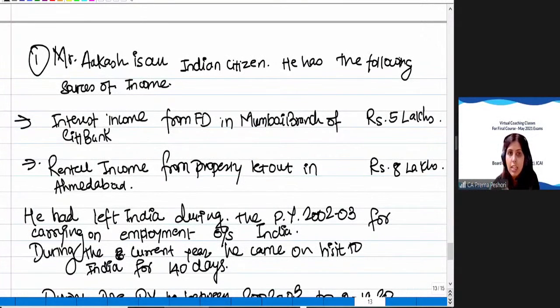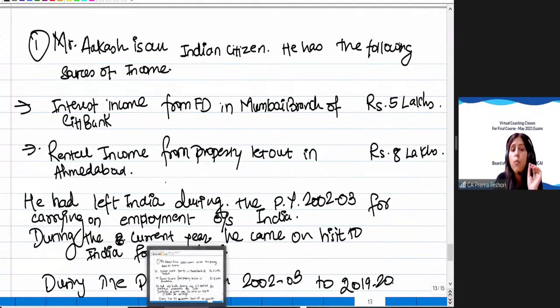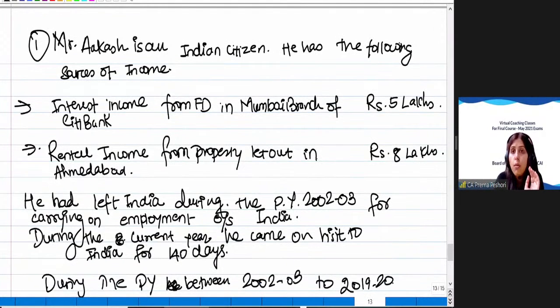And clearly, if you see, how many days are there? 140 days are given. Because of that, we need not even check the total income criteria, or what the number of days of stay was in the previous years. What is relevant here is that he has been outside India and is coming on visit to India.